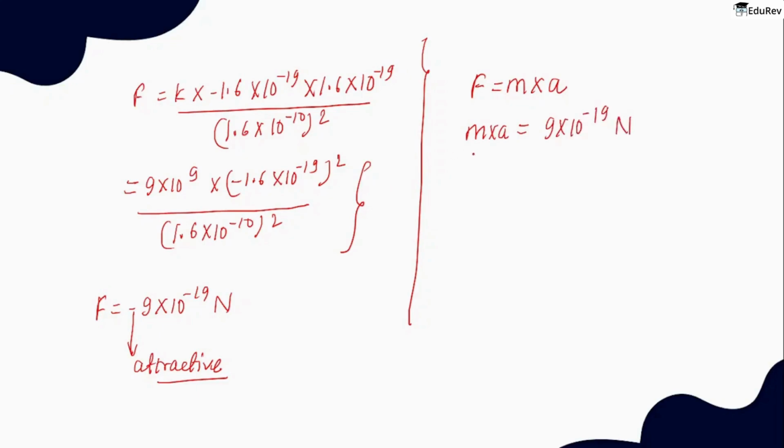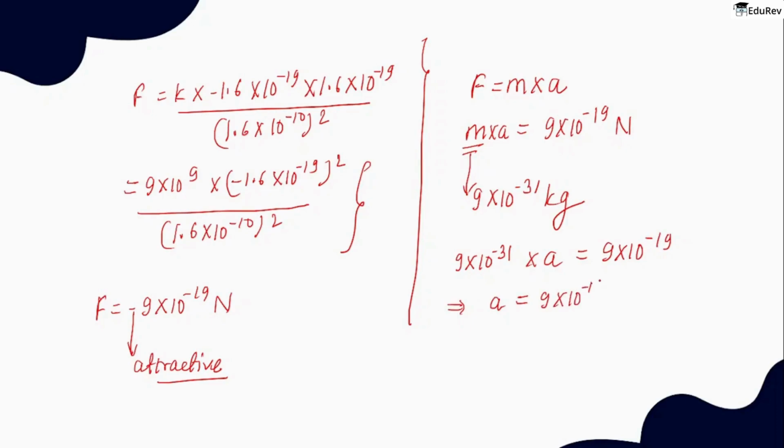It is given in the question that the mass of an electron is 9 into 10 to the power minus 31 kilograms. Therefore, 9 into 10 to the power minus 31 into acceleration equal to 9 into 10 to the power minus 90 newtons. Solving further, we get acceleration equal to 9 into 10 to the power minus 90 newtons divided by 9 into 10 to the power minus 31.